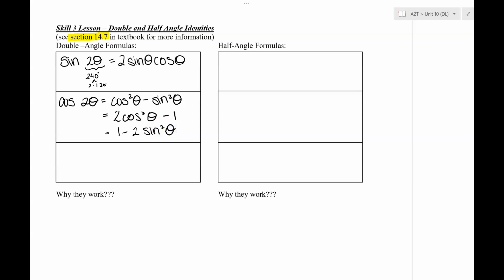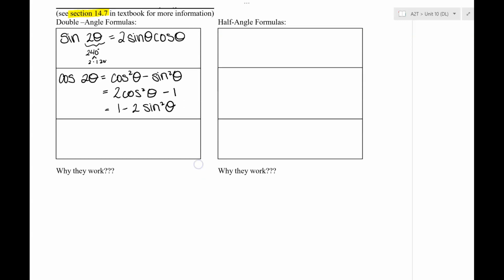All 3 of those can be used to find a cosine double angle. You could also use all 3 of these to verify identities. And then the last one is tangent 2 theta, and that is 2 tan theta over 1 minus tangent squared theta, whatever theta might be.